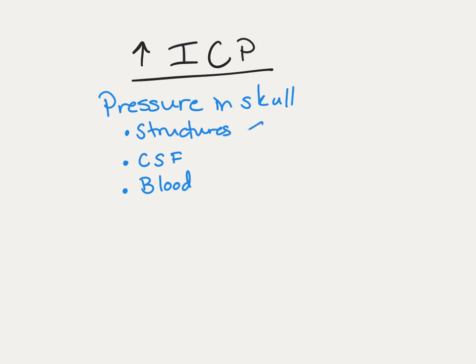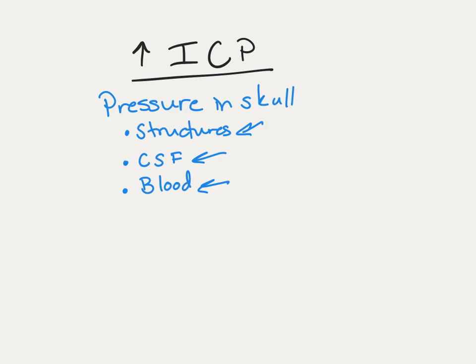With structures, for example, this could be swelling, this could be tumors, a structural defect. Cerebrospinal fluid, if there's too much cerebrospinal fluid produced, or if it's not reabsorbed correctly, or if it's not able to escape from the ventricles properly, then that will increase your pressure. And then blood, whether it's bleeding in the cranial space or excessively high blood pressures throughout the body, that can all increase the intracranial pressure.